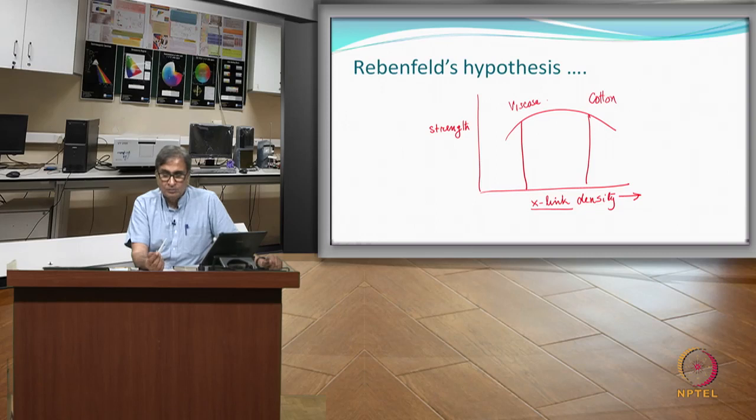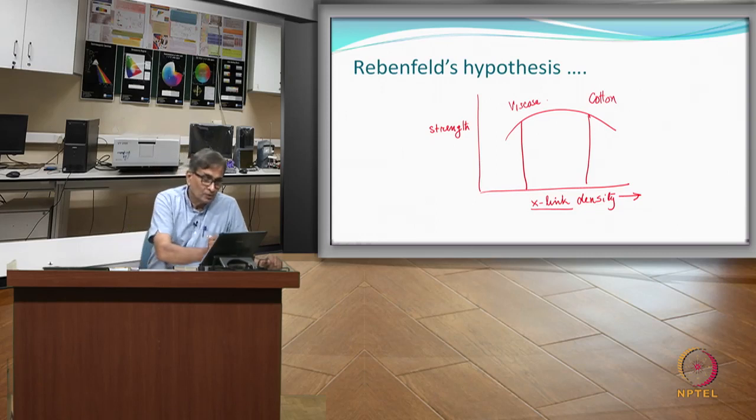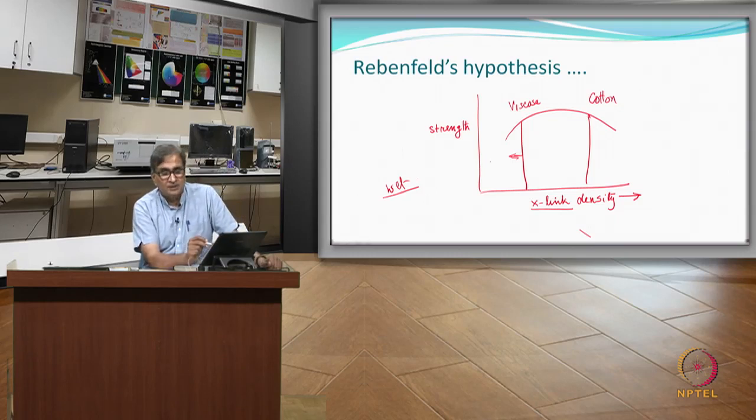If this is true, then when you wet, you are reducing crosslink density because hydrogen bonds are breaking.